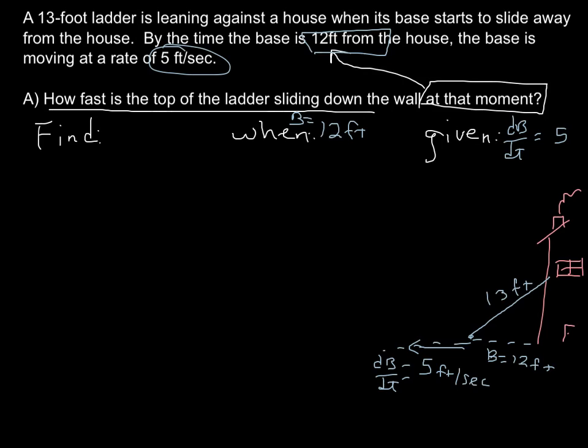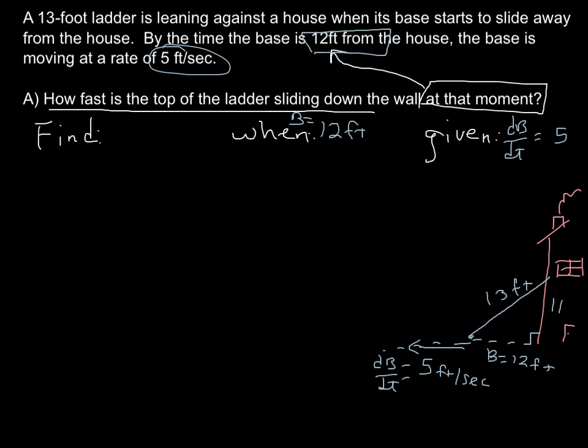We need to assign variables to the rest of our triangle, because we're assuming that our house is straight up and down. It was built well, it's making a right triangle, the land has been graded well. So B is our base.